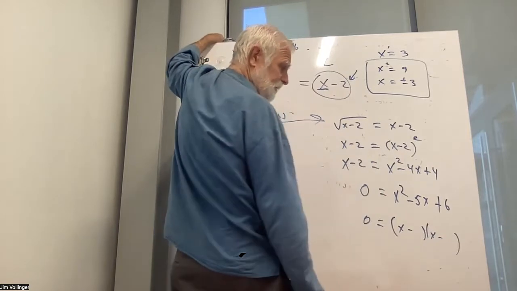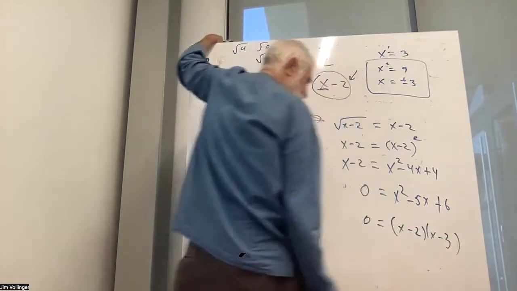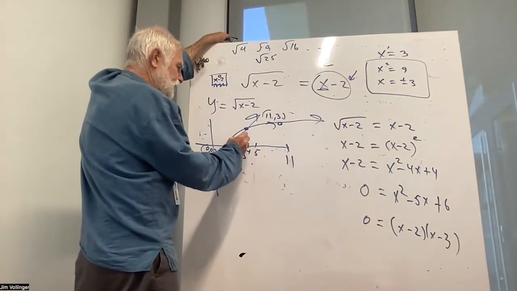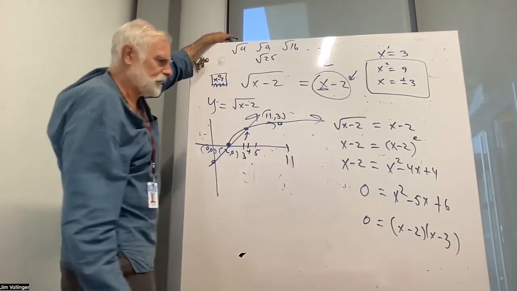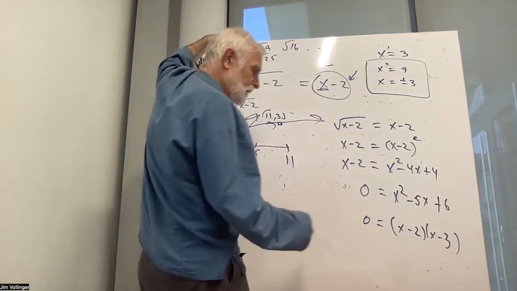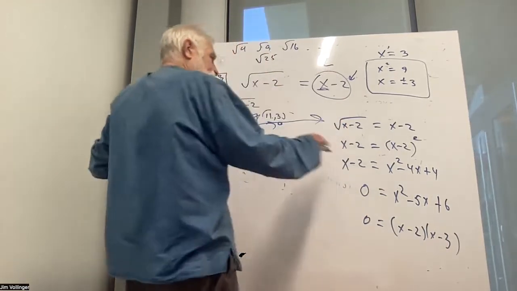And it looks like it's going to be 2 and 3. I said one of our answers would be around 4 or 5. Turns out it was 3. That's where that intersection is. Probably should have seen that more clearly before, but as I said, I'm losing it. So x equals 2 and x equals 3 is how you solve that one.